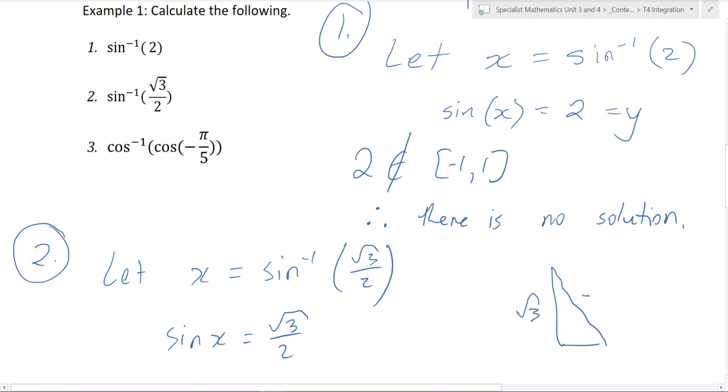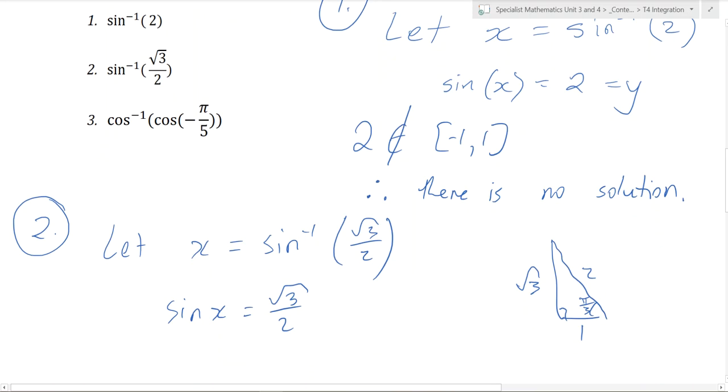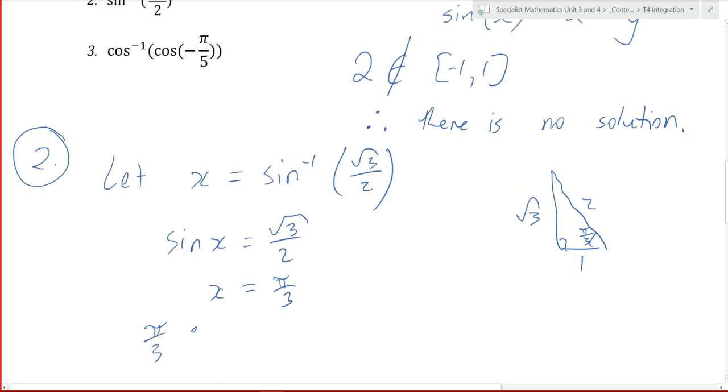So square root 3, 2, 1, pi over 3. So opposite over hypotenuse, so x equals pi over 3. Pi over 3 is an element of -pi over 2 and pi over 2, so it's between these two. So therefore x equals pi over 3. So there is a solution.